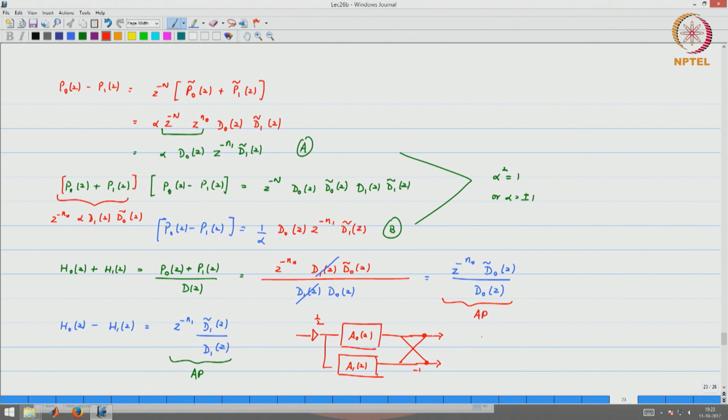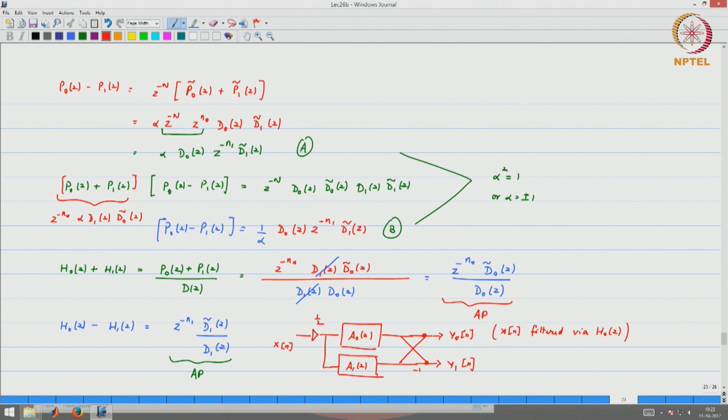The overall transfer function will be the two filters that we are interested in, h naught and h1. So, if this is x of n, this is y naught of n, which is x of n filtered by h naught of z, and the other one will be filtered by h1 of z.